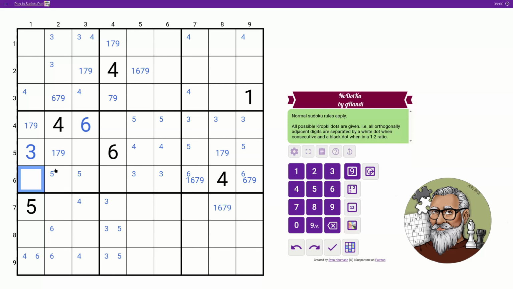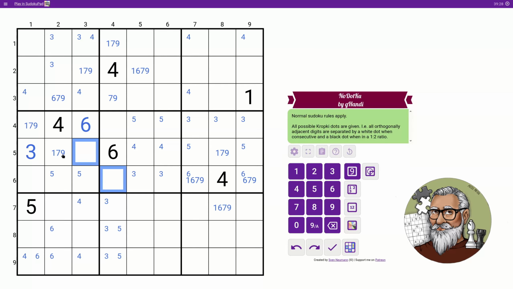Can we eliminate anything anywhere else? Doesn't look like it. If I could eliminate ones, that would be great, because every time next to a 7, 9, I can't put an 8. But here I can't have put an 8, but I can still have 8 here. Can I have 8 here? Because then this would be 8, and then we would have 1.